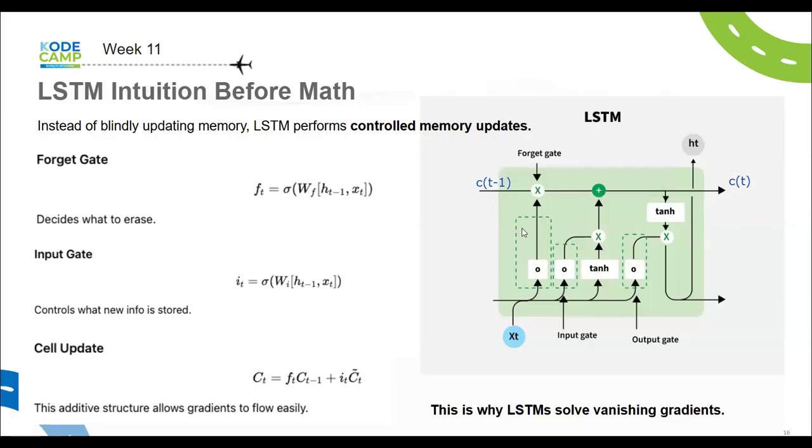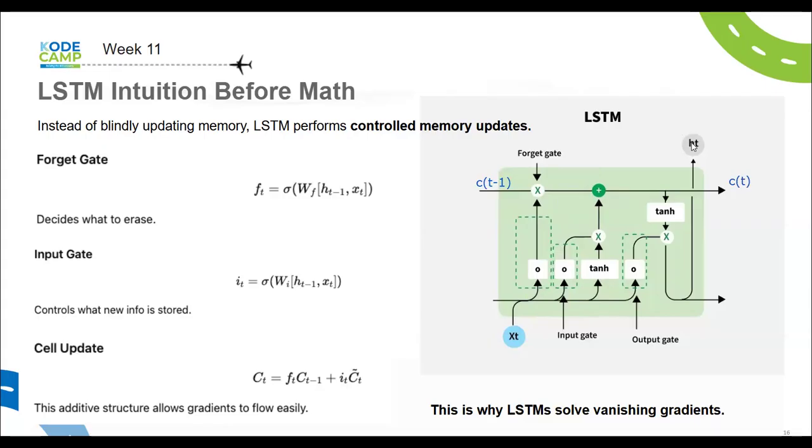Now the first gate that affects the CT is the forget gate. The forget gate is obtained by taking the input, and then taking a measure of the previous output, the previous cell state, and then adding them together.